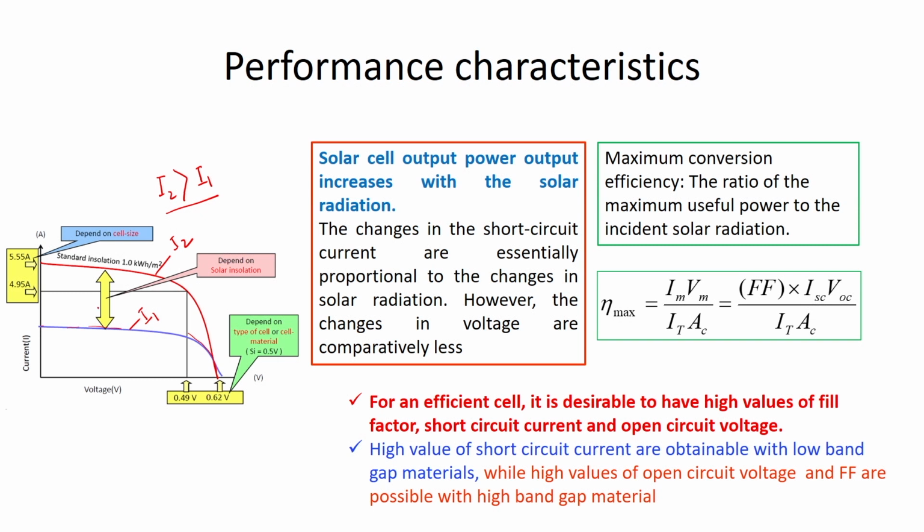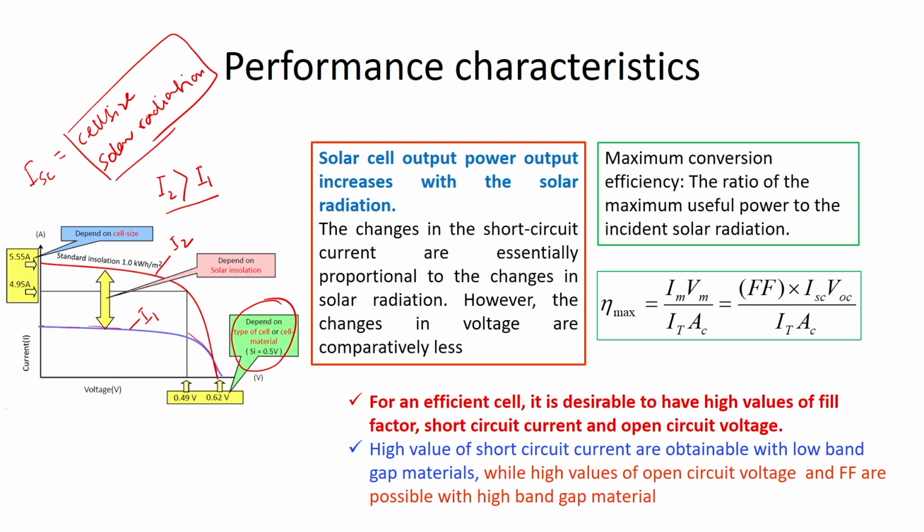Okay. That means, this ISC is very sensitive to cell size and solar radiation. If we increase the cell size and the solar radiation, then it is expected that we will have higher short circuit current. But how to increase the open circuit voltage? We need to think about its material, right.